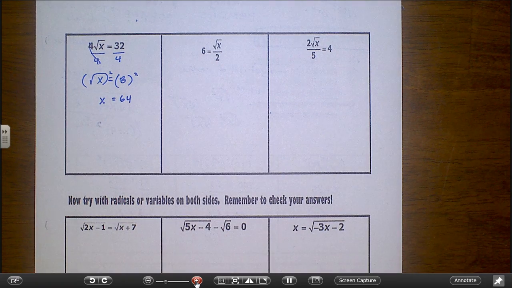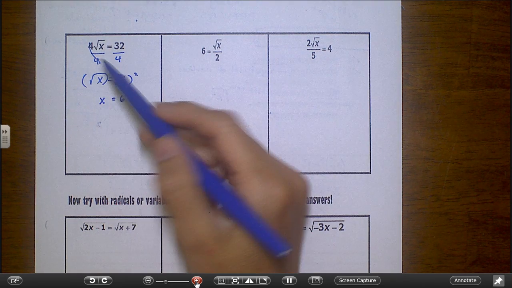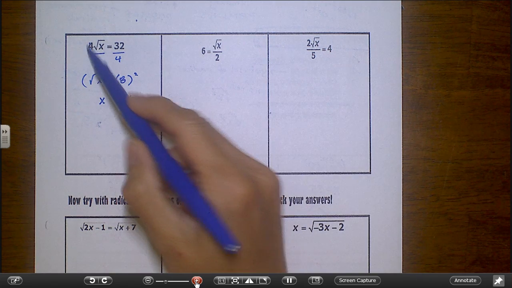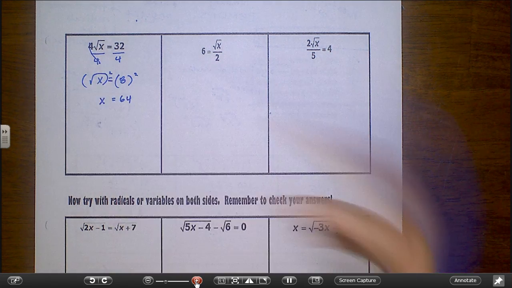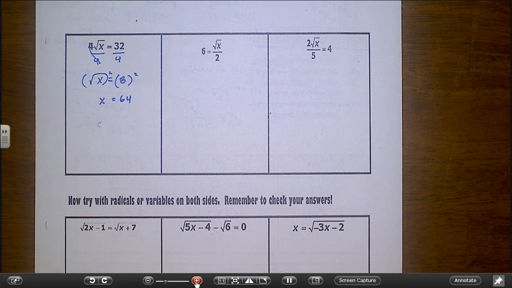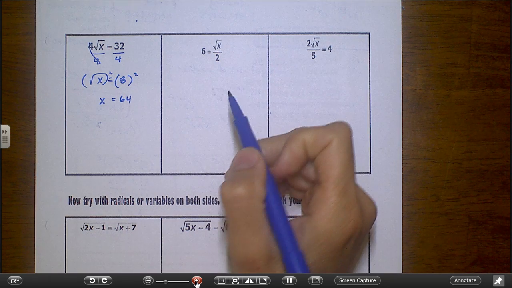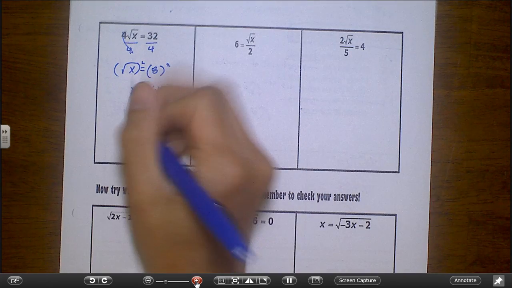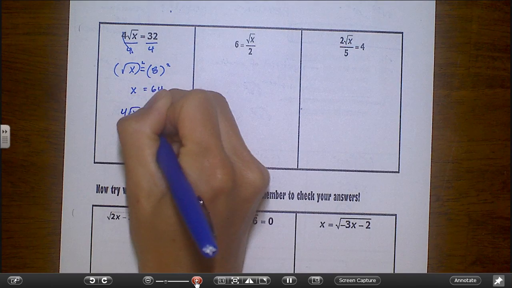I will tell you, when it's multiplying or dividing, I can square the whole thing without getting rid of this first, without isolating it, if there's no plus or minus anywhere outside, if it's just multiply or divide. But then you'll do a lot bigger numbers. For instance, I'll just rewrite this.